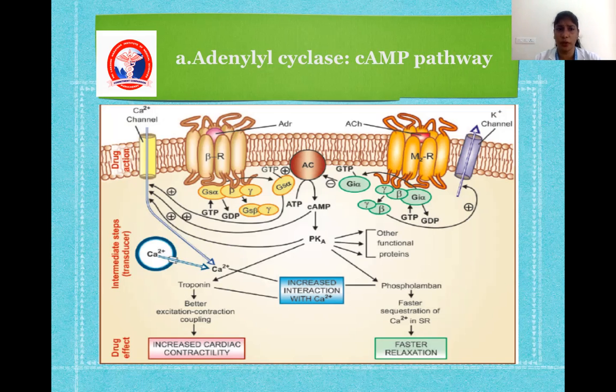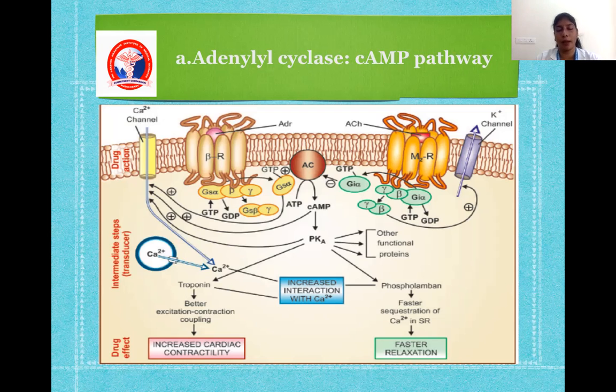In the left side corner, a calcium channel is there, and from there calcium is getting inside the cell. Due to the activation of protein kinase A, there is increased calcium within the cell. Because of that, troponin is activated, giving a better excitation-contraction coupling, which causes increased cardiac contractility.